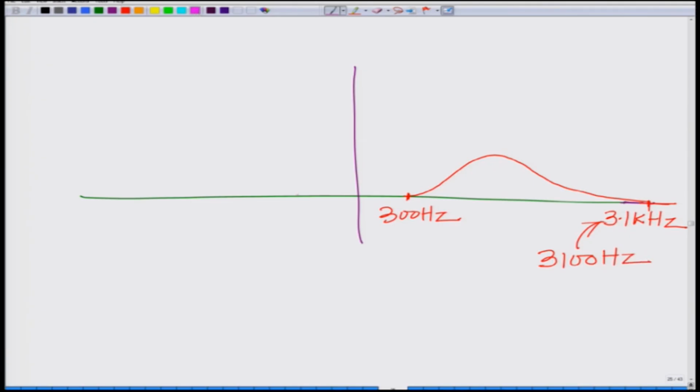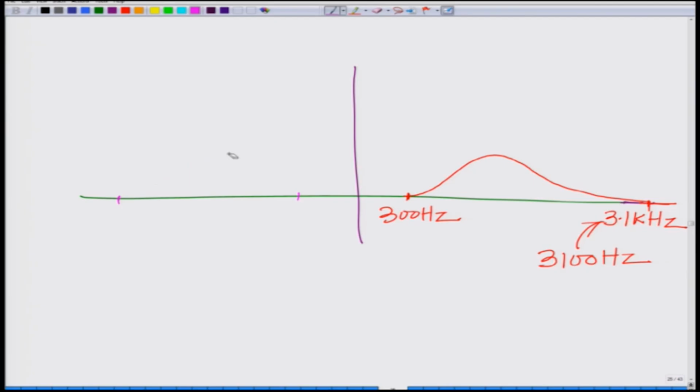Similarly, on the other side, it goes up to, well, right. So, this is your voice spectrum.